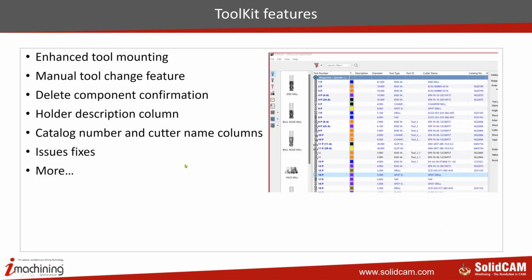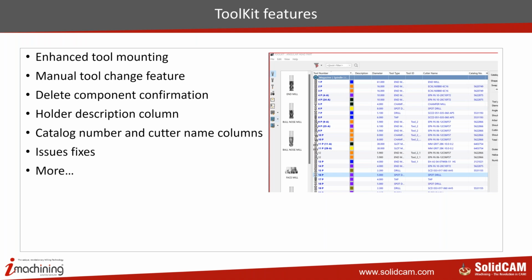So we have enhanced our tool mounting in the tool table. Generally, it was to solve problems with complex holders and complex machines like Swiss type and Mill-turn. We added a manual change feature. It's a very powerful feature for cases where you have to change the tool manually on the machine.